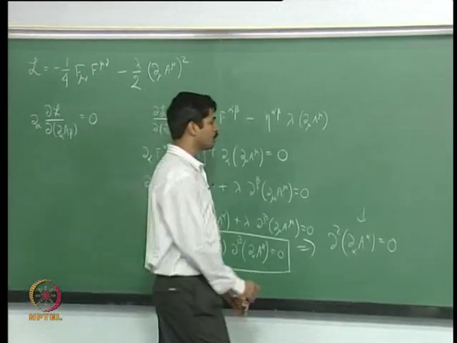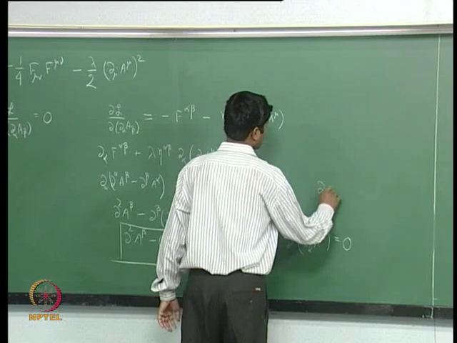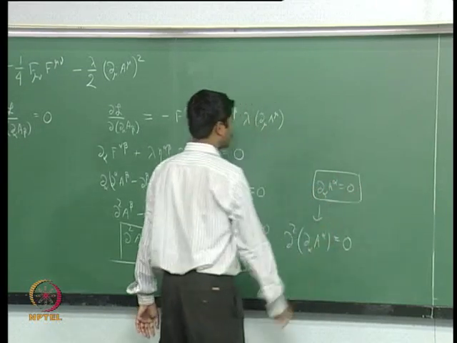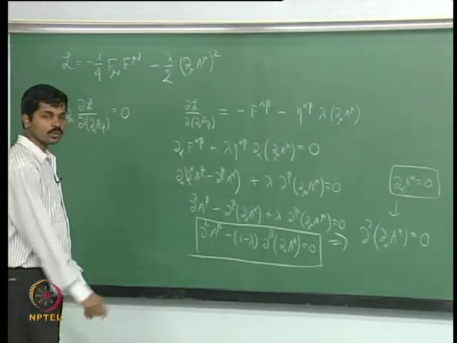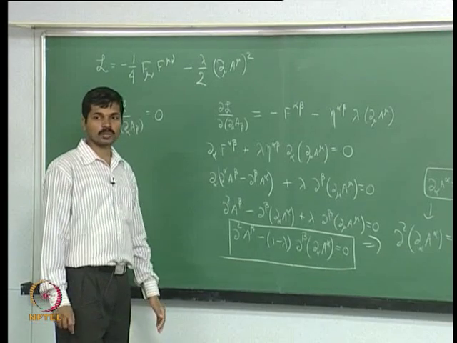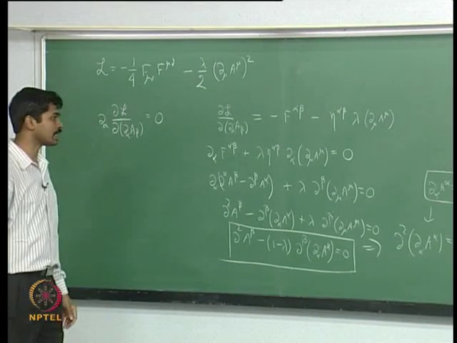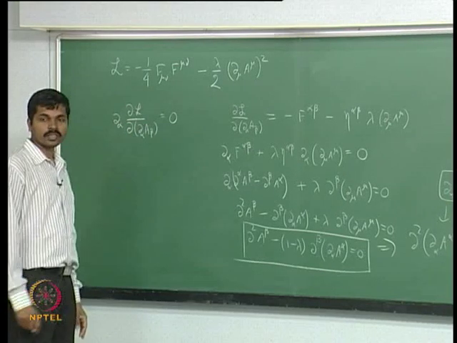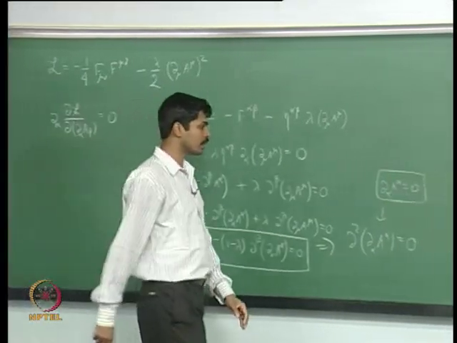So, if you choose this Lorentz gauge that del alpha A alpha equal to 0 throughout the space time, then this is equivalent to saying that you actually restrict yourself to the Maxwell's Lagrangian, but this is all classically. Quantum mechanically, it is not so straightforward. We will see why.